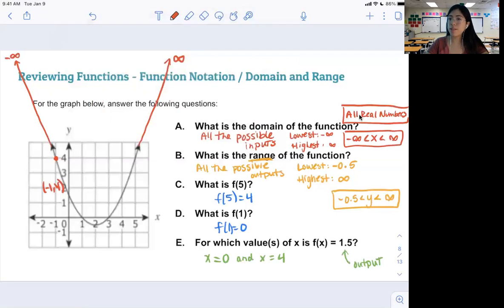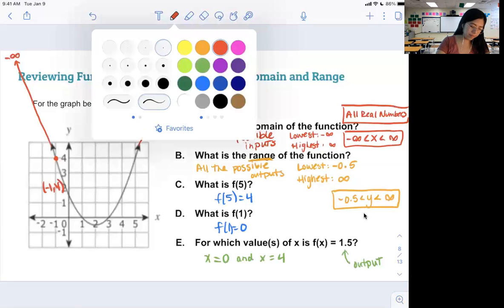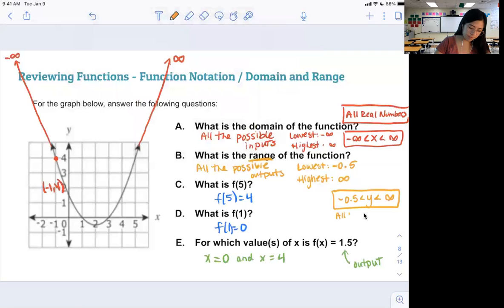Whereas this one would be all real numbers greater than -0.5.